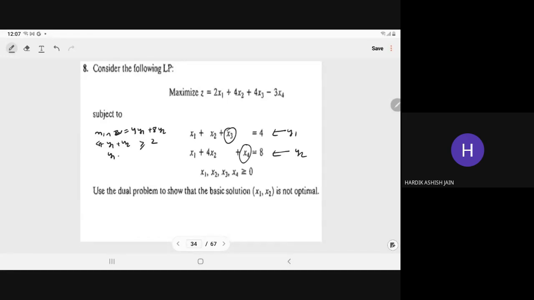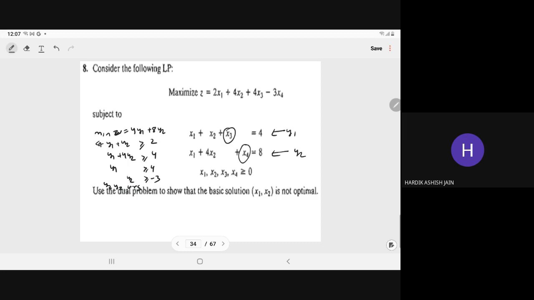Then y1 plus 4y2 greater than or equal to 4. Then y1 greater than or equal to 4. Then y2 greater than or equal to minus 3. And y1 y2 are urs. So here we have the dual problem.